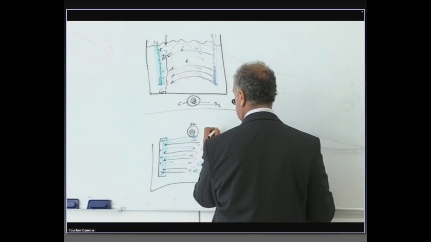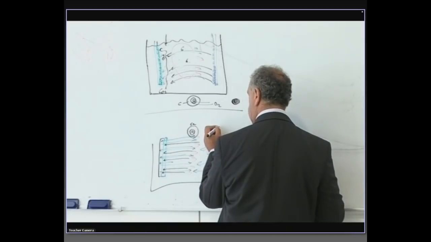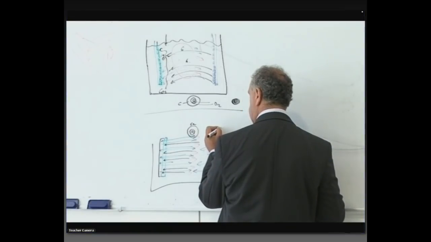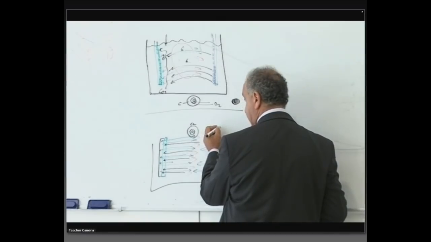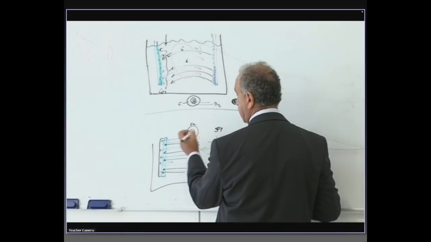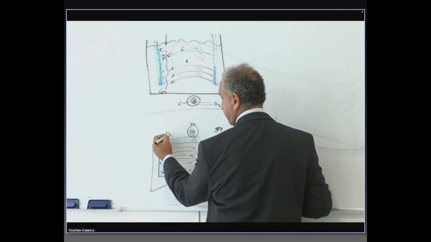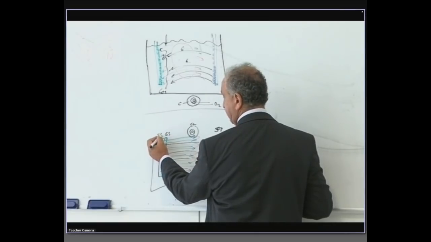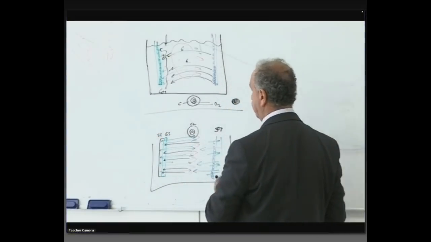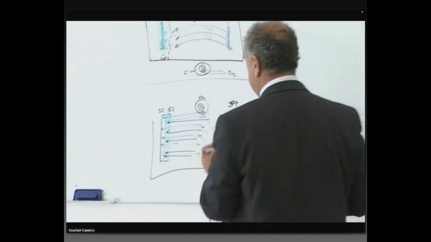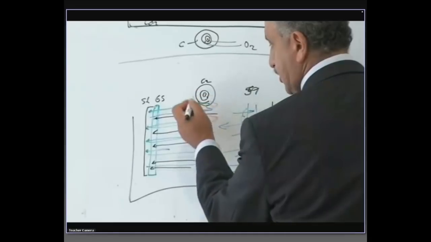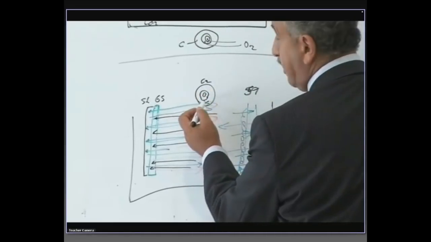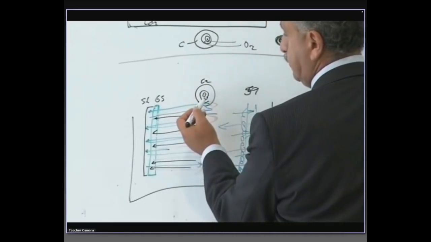Don't forget, this was 60, 59. This was 65. And this one is 56. Now, between this and this, you create a gravitational magnetic field of CO2.